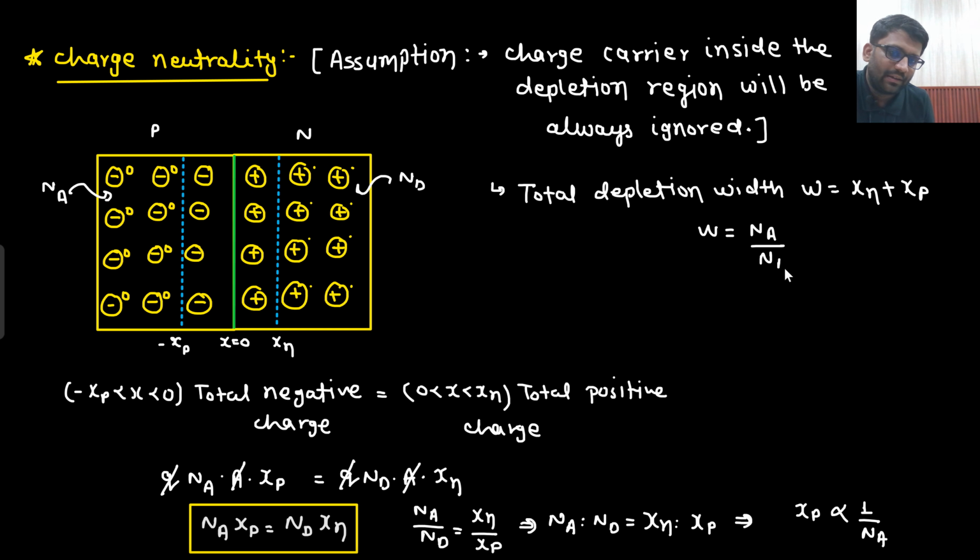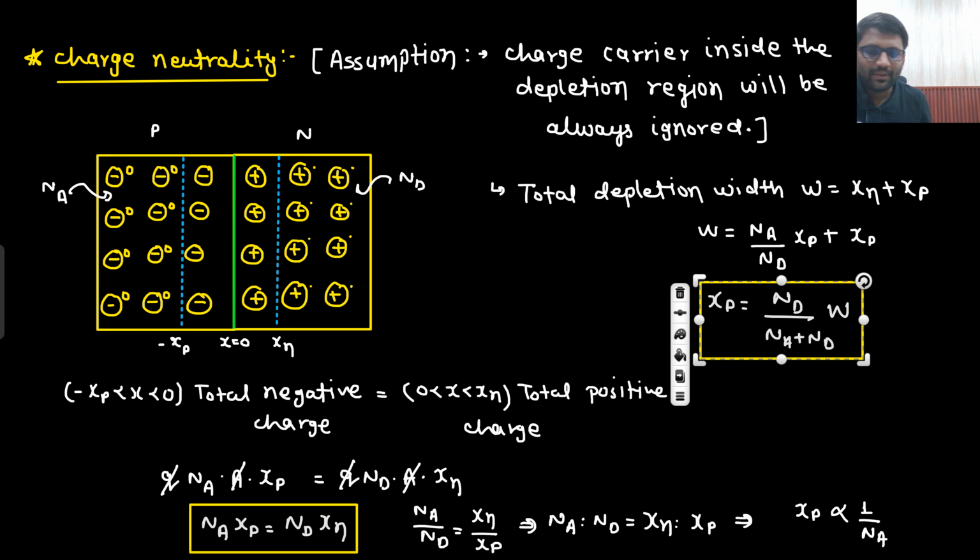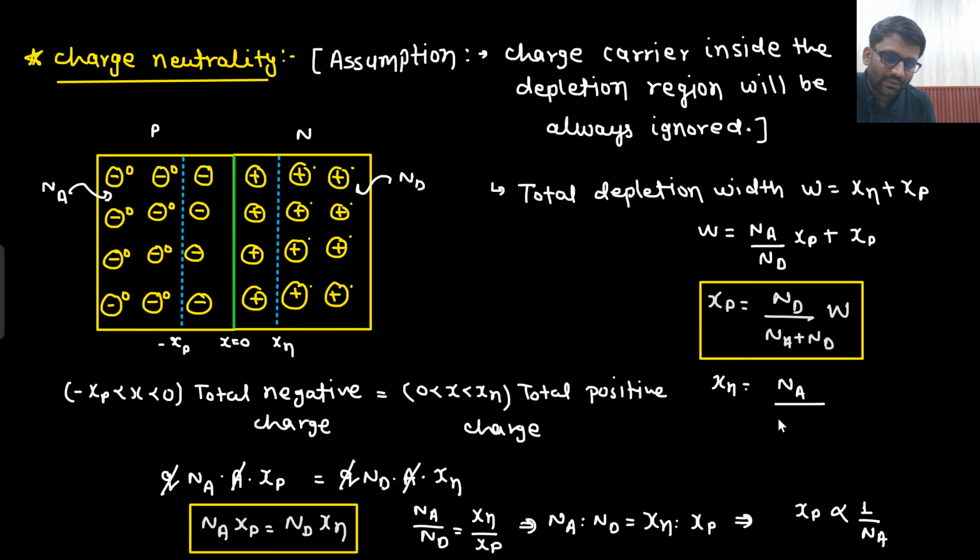Na by Nd into xp, plus xp. From here you can find out the value of xp: Nd upon Na plus Nd into W. So this is the value of xp. Similarly, you can find out the value of xn as well, and in this manner this is what I will be getting.